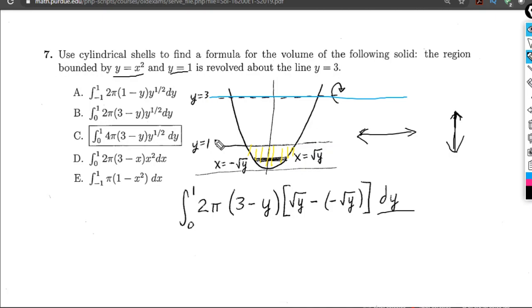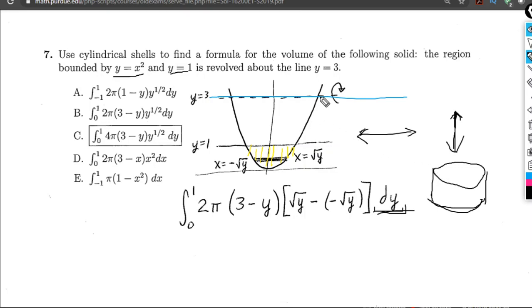To further explain, the idea of cylindrical shells is that you have shells that are kind of like a cylinder, infinitely thin.